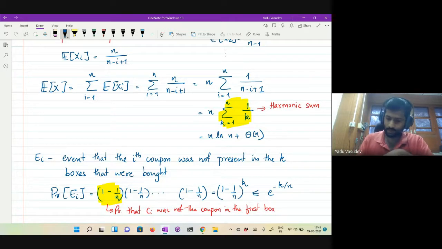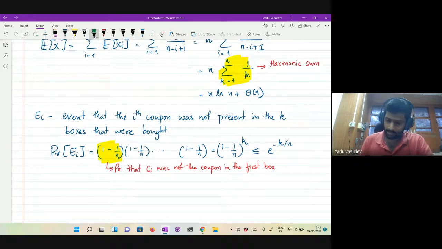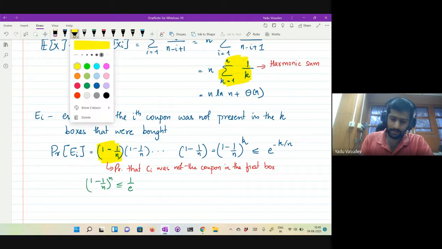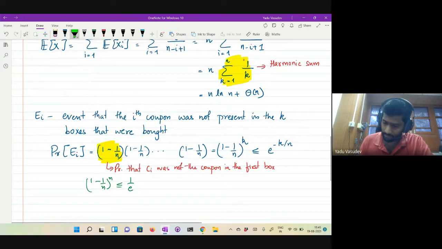So we know that this is one approximation that we'll constantly use, right? (1 minus 1 over n) to the n is less than or equal to e to the minus 1, sorry, is less than or equal to 1 over e. Right? So this is something that we use all the time.